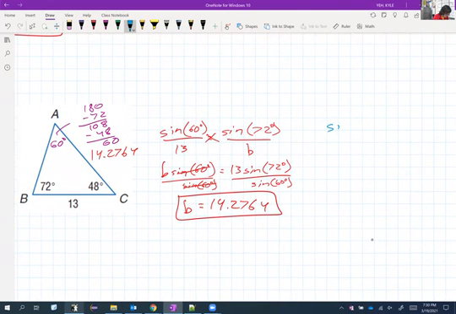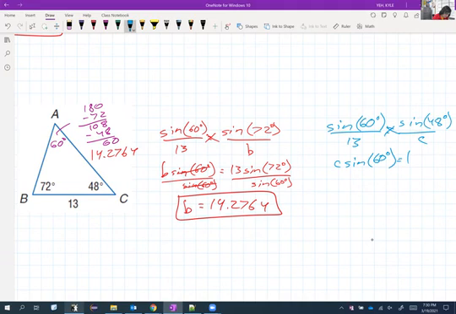I'll say sine of 60 degrees over 13 equals sine of 48 degrees over side length C. And by this point, I probably don't need to narrate the steps. Cross multiply. Divide.